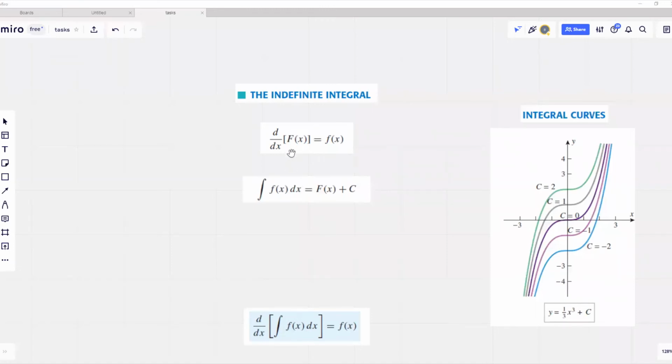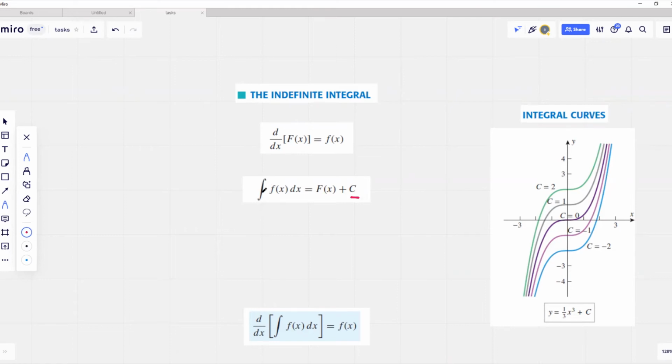Now, taking the derivative of an antiderivative of function f(x), we'll get the function f(x) back. We can rewrite this equation using the integral sign as follows. The integral of function f(x) is equal to an antiderivative of f(x) plus a constant of integration. This constant is known as the constant of integration, and this sign reads as indefinite integral.